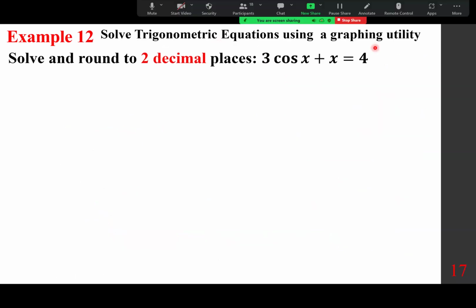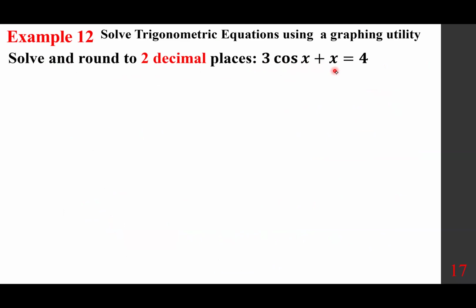Solve trigonometric equations using a graphing utility. Solve and round to 2 decimal places: 3 cosine x plus x equals 4. So we can't solve this just the way we did before.